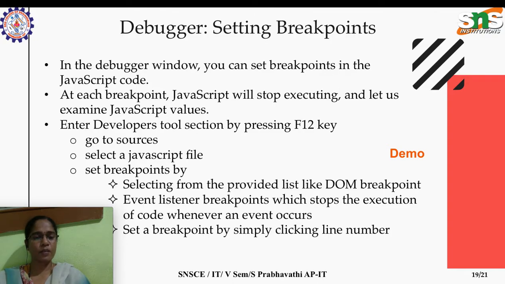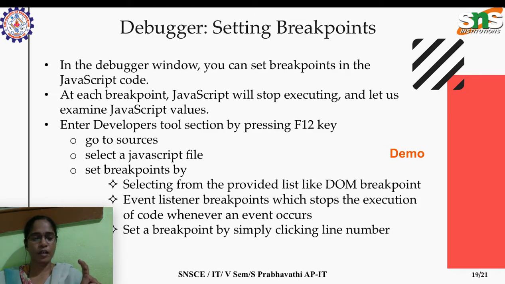For example, if our JavaScript code runs to 100 or 200 lines, when we run the program, all the 100 lines will be executed based on our interaction. But what happens if there is an error at line number 25 and line number 75, and there are a lot of errors which we are unable to handle all in one go? We could execute only a portion of the JavaScript.